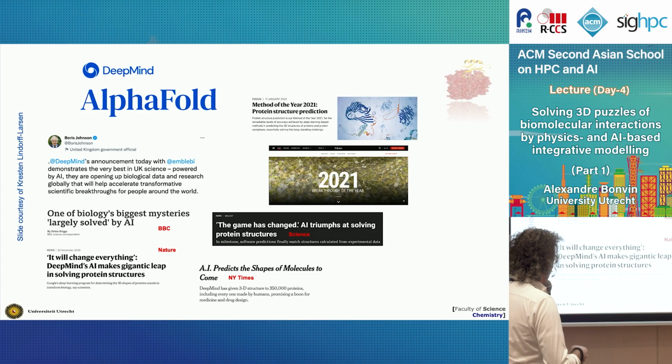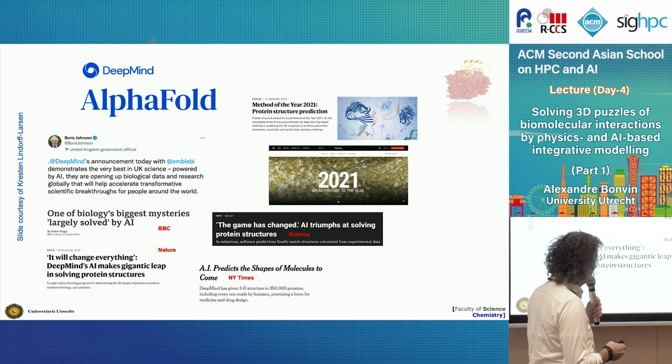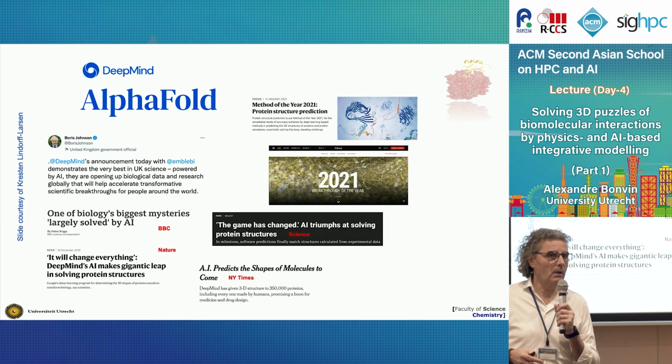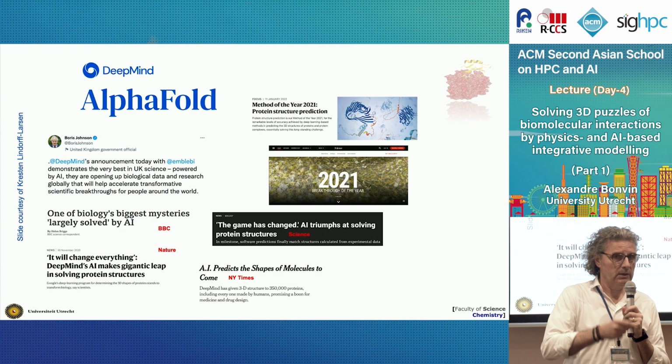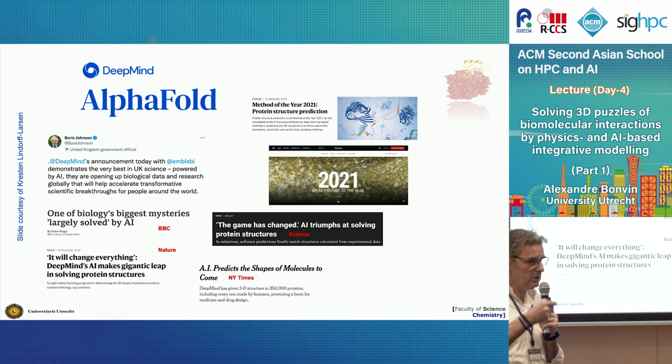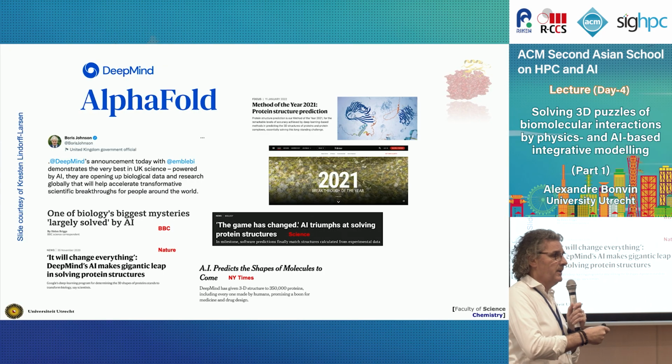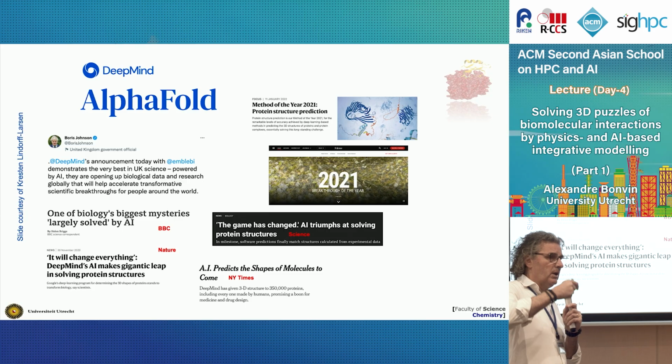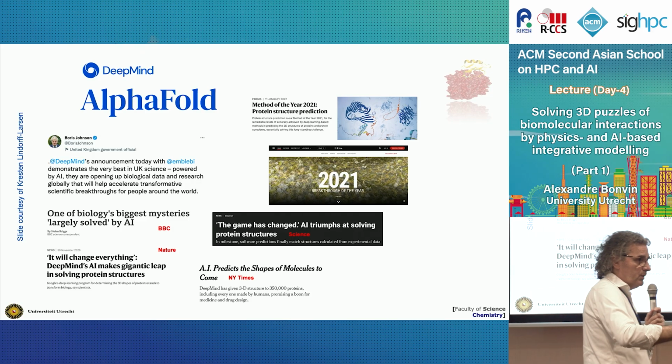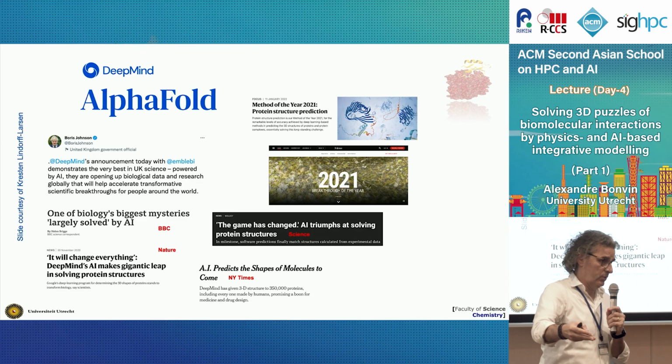At the time people were also saying, well, this has solved the folding problem. Folding is a different thing than structure prediction. When you speak of folding, it's more the process that the protein sequence coming out of the ribosome takes to fold into its final three-dimensional structure. What AlphaFold is doing is not predicting how a protein folds, it predicts the end point of the folding.